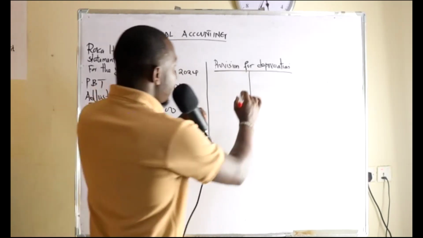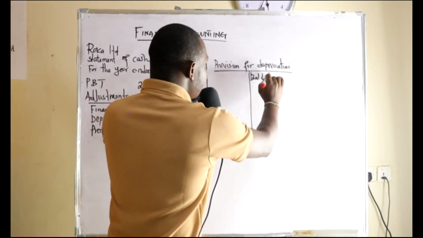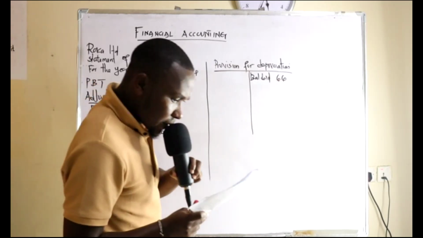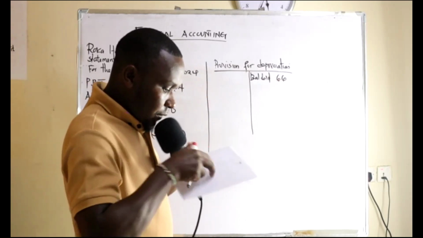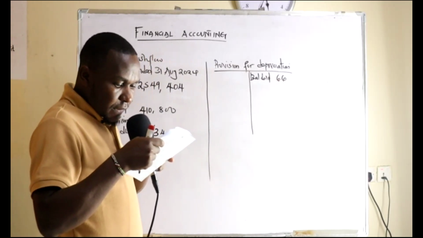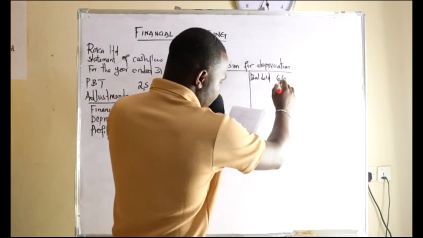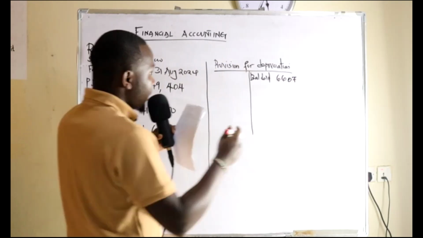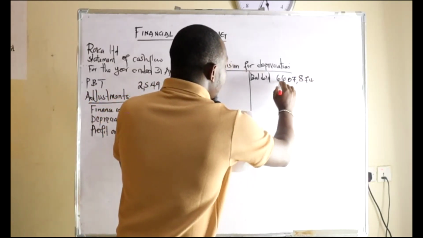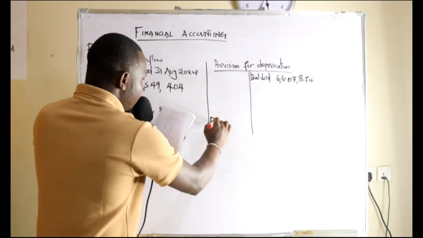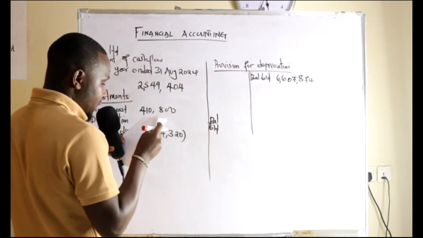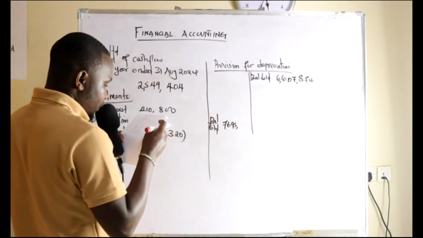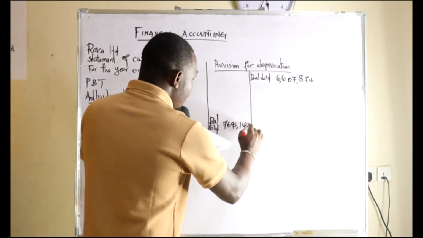For 2023, the balance brought forward is accumulated depreciation of 66,07,874. And for 2024, the balance brought forward is 7695,142.